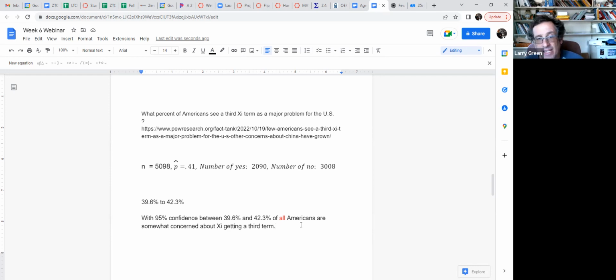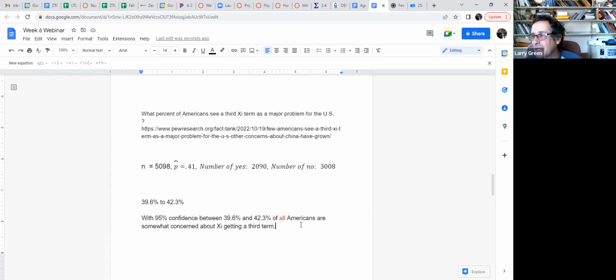But what we can say is that if many samples of 5,098 Americans were surveyed, then each one would produce its own confidence interval for the percent of all Americans somewhat concerned about Psi getting a third term. 95% of these confidence intervals will contain the true population proportion, not mean, proportion of all Americans that are concerned about Psi getting a third term.